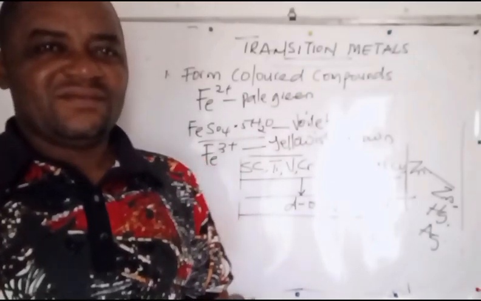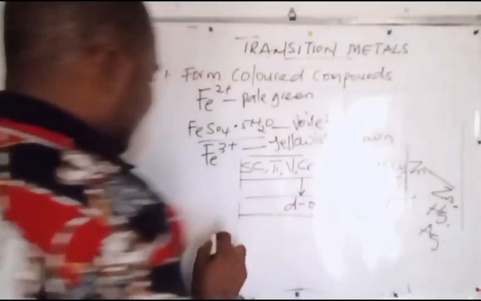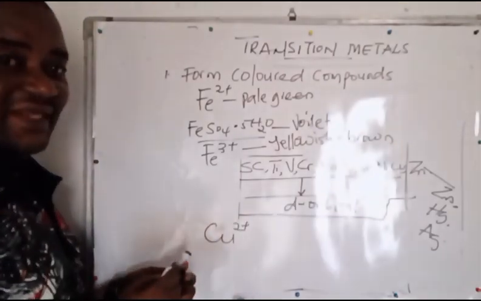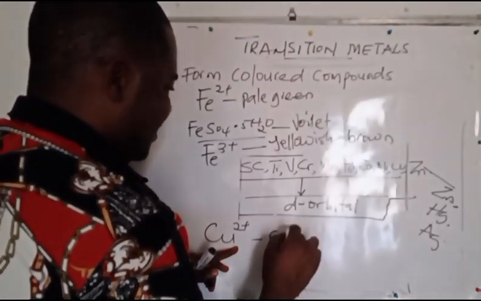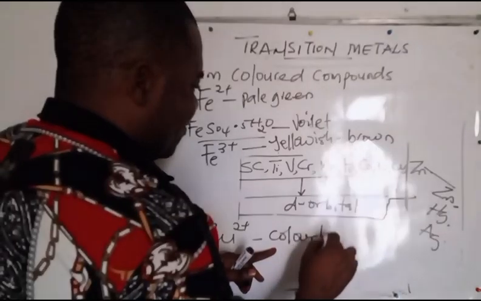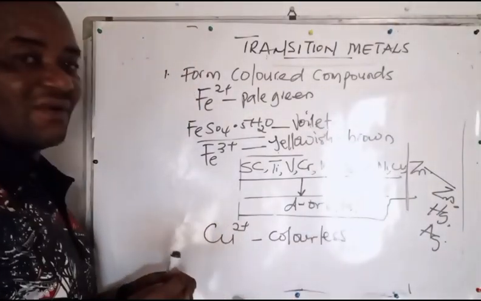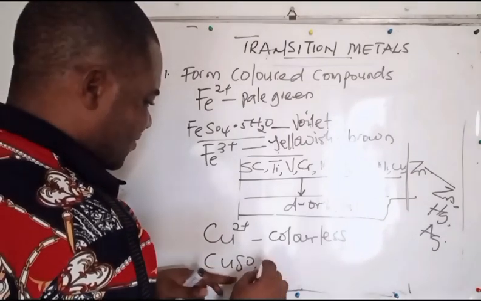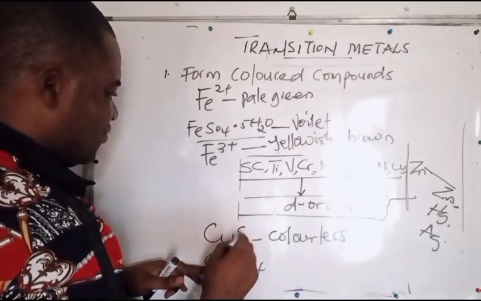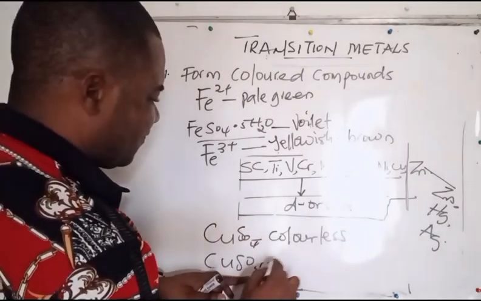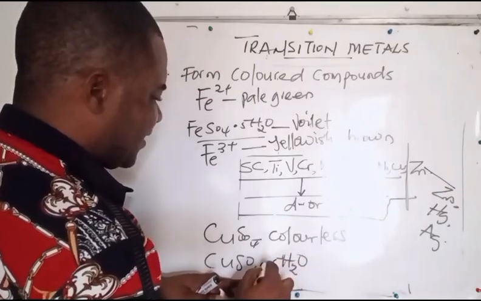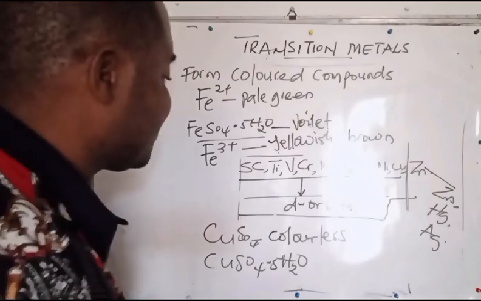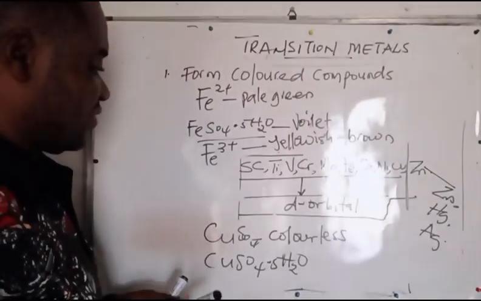How about copper? Copper ordinarily has a white color, or is colorless. Let's say copper sulfate.